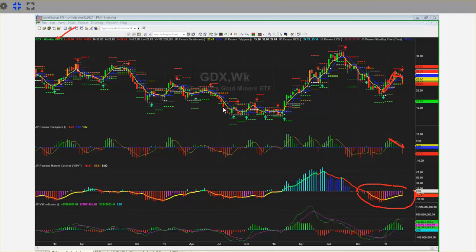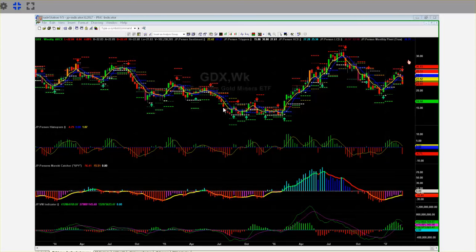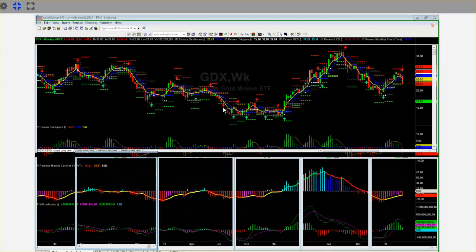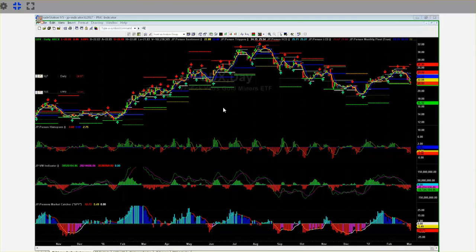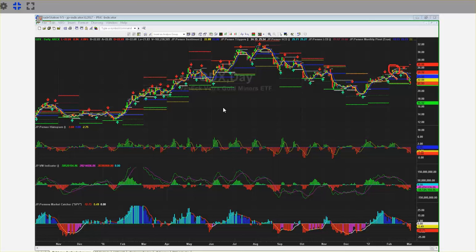So the weekly analysis was not looking good. Let's take a look at the daily analysis. On the miners, the high of the whole move was that low close doji up there. As we started to make newer highs, we started to see a drop-off of the power of the move. So I'm going to zoom this in a little bit.